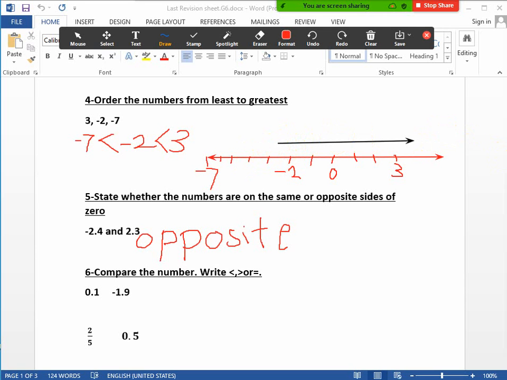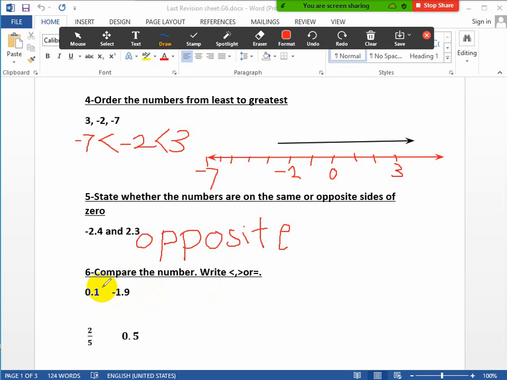Okay, let's see, Rijan, open the mic, dear. Yes, I want to compare those two numbers, 0.1 and negative 1.9. Which one is the greater?